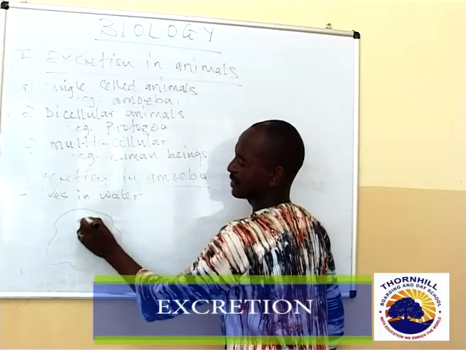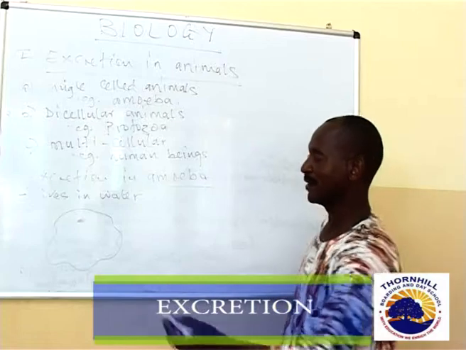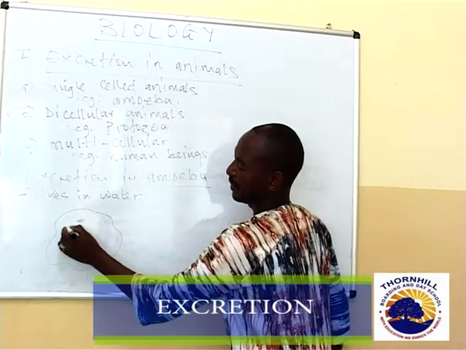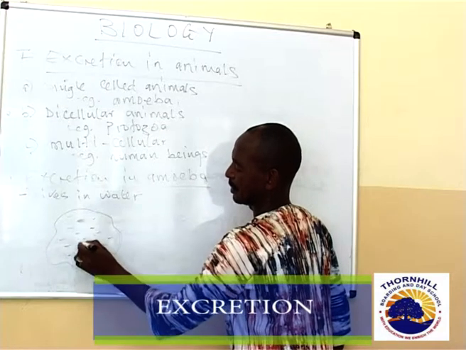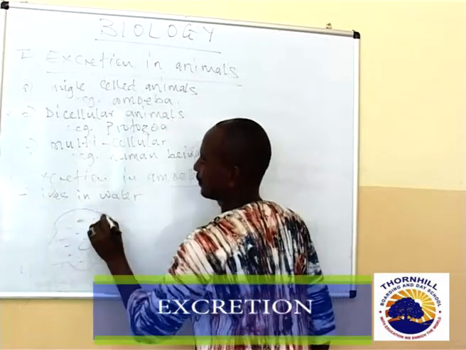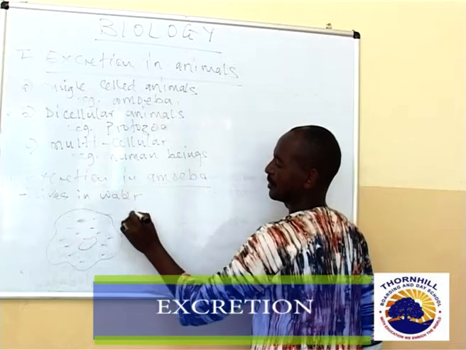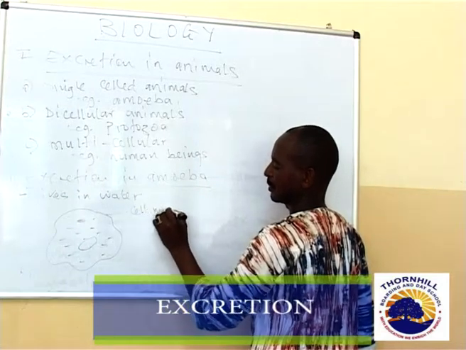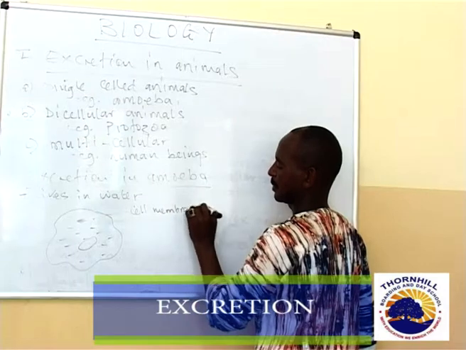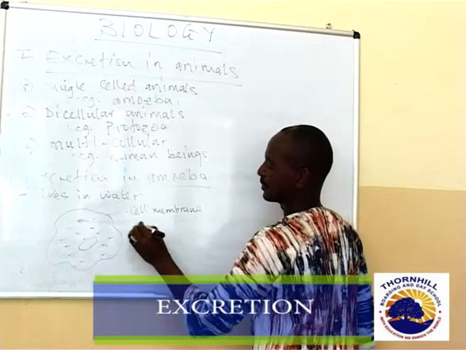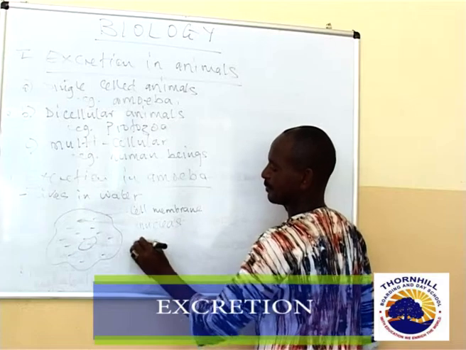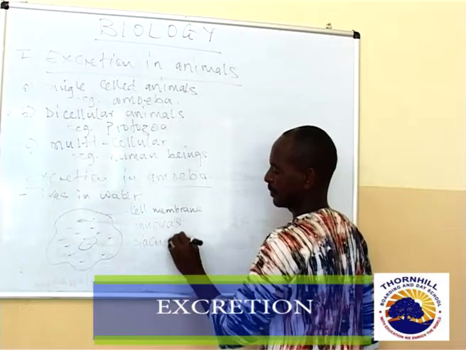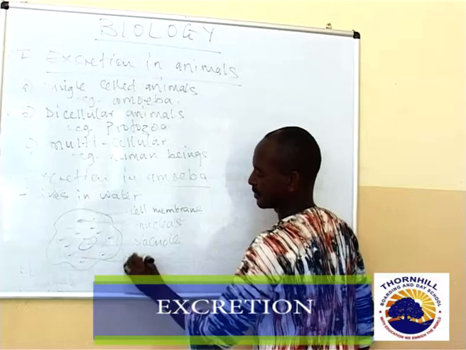The way we understand the animal cell, it has the cell membrane, the nucleus, and the small vacuole. So this is the cell membrane. Then we have this to be the nucleus, and this to be the small vacuole, and this is the cytoplasm.